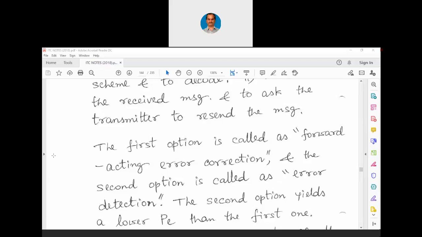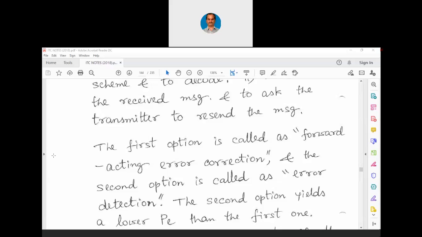There is a method called interleaving, block interleaving, where sometimes the data is stored column wise and sent row wise, or it can be vice versa also. Data can be stored row wise, sent column wise, and at the other end the reverse will happen.